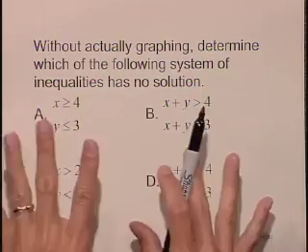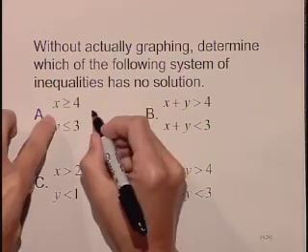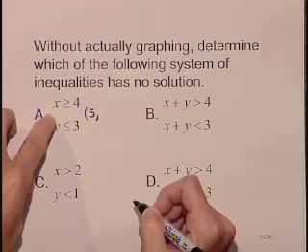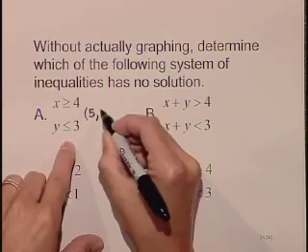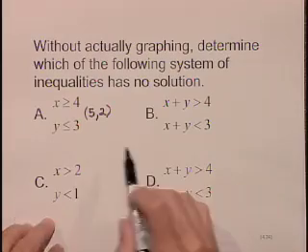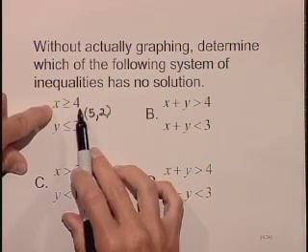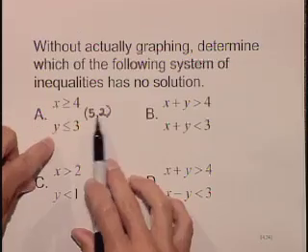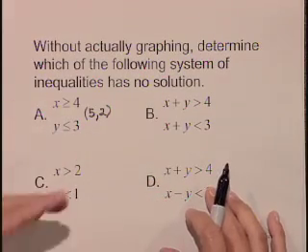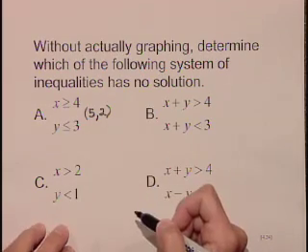Remember, we're not actually going to do any graphing here, but if we use a value of 5 for x, and let's say 2 for y, then this is a point that indeed satisfies that region, because 5 for x is greater than or equal to 4, and 2 for y is indeed less than or equal to 3. So because that one does have at least one solution, it's not our answer.